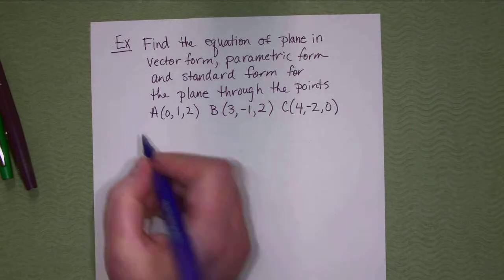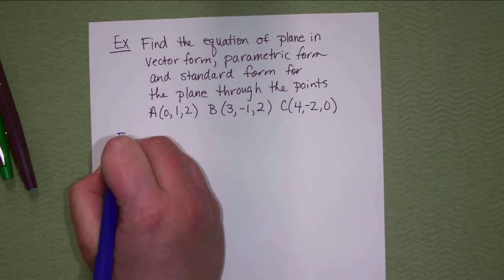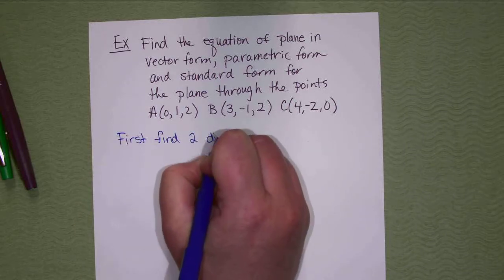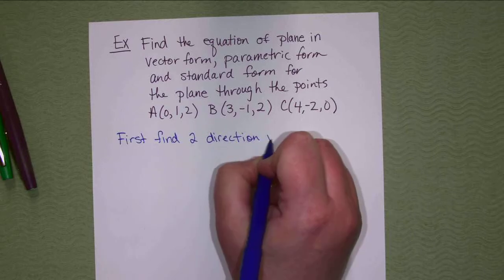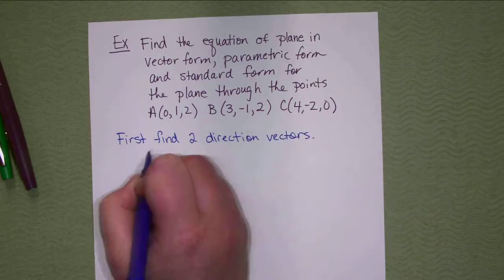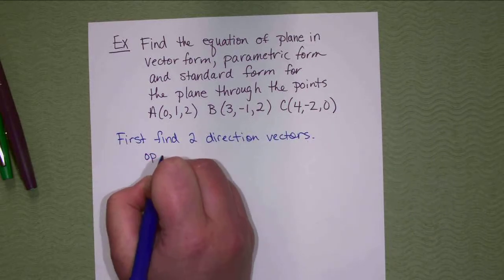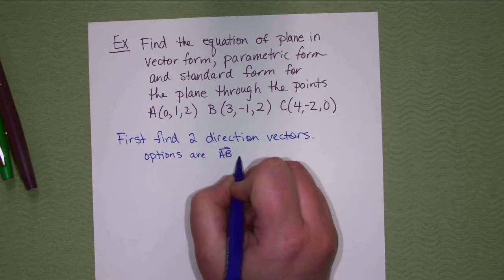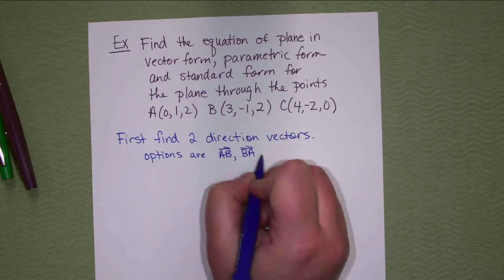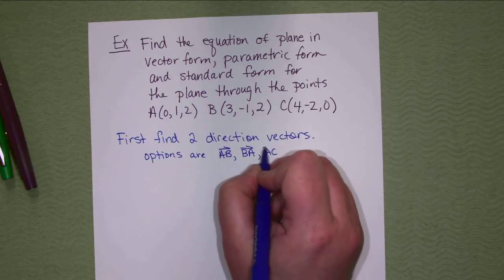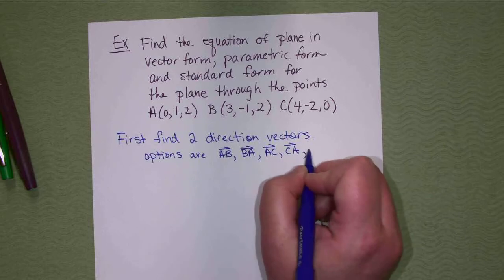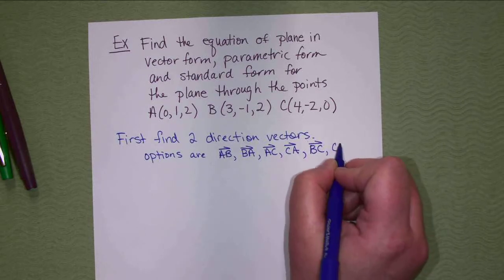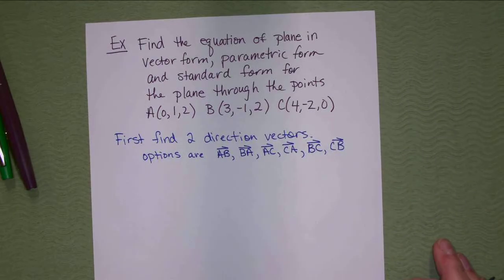So first, find two direction vectors. There's all these different options, but we only need two, right?